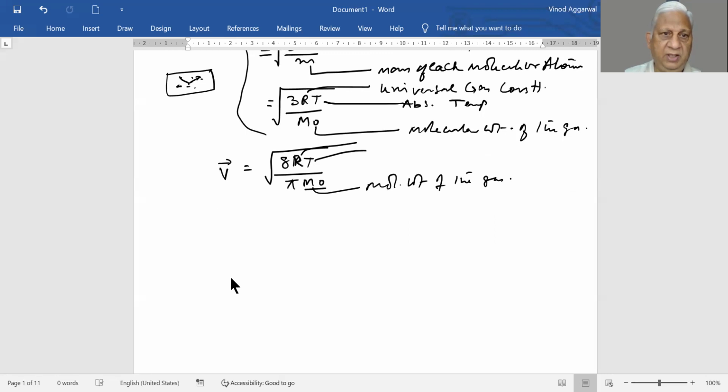Now, as we have seen that when we put the gas in a particular space, then various atoms or molecules have random velocities.